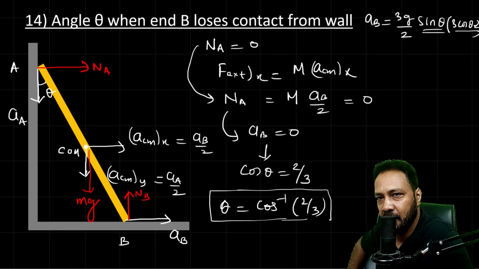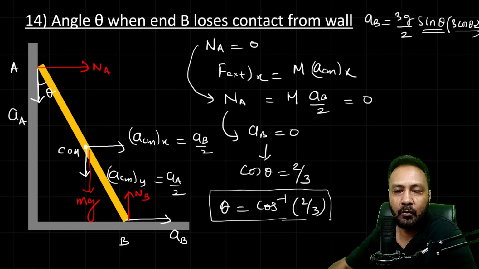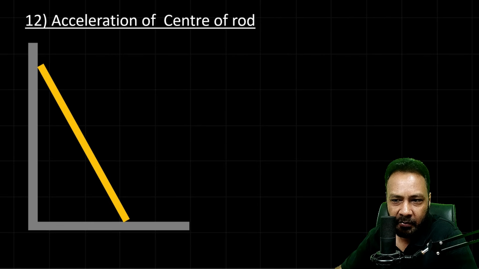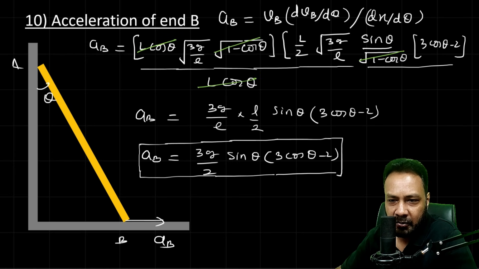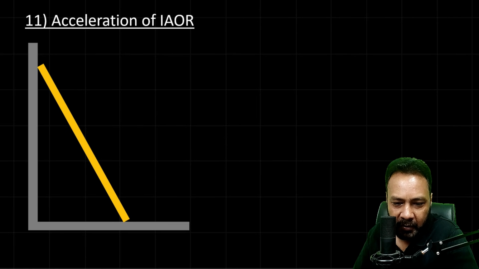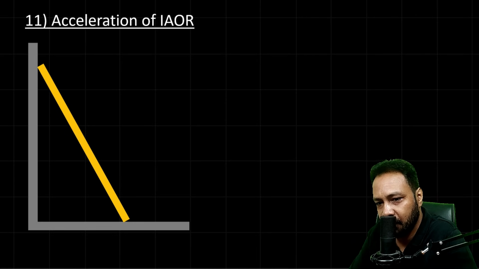So that is in itself a very good part. And acceleration of end A we got, and B we got. So now from this acceleration we want to find the acceleration of IAOR.